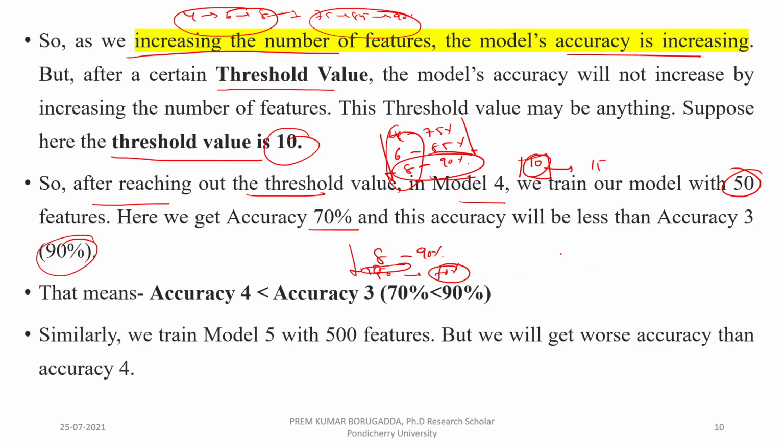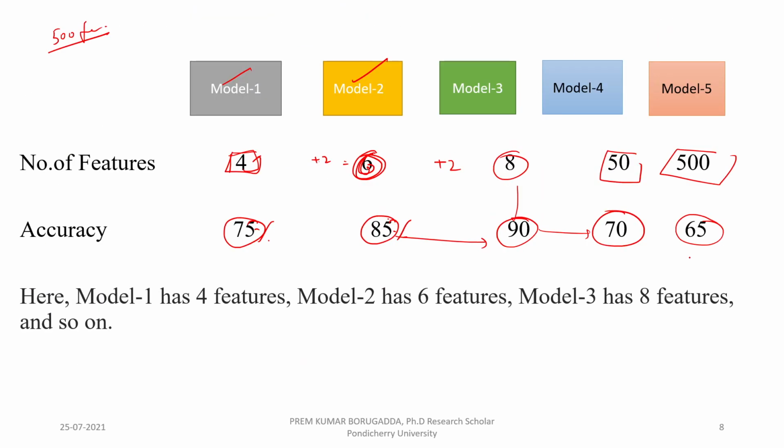Similarly, I am taking 500 features of the data and training model number 5. My accuracy gets very bad, 65%.